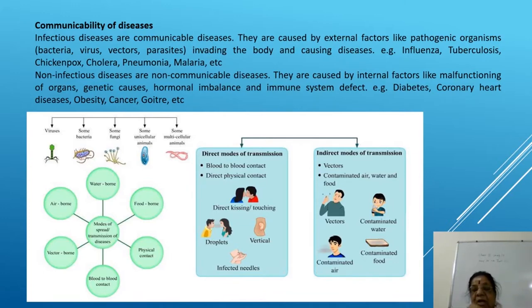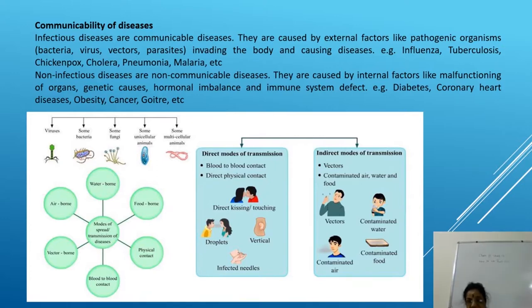The heart muscles are themselves supplied with blood by arteries and veins, called coronary vessels. If they are disturbed or blocked, that is called coronary heart disease. Obesity, cancer, and goiter. I hope you are able to follow this. So this is communicability of diseases.